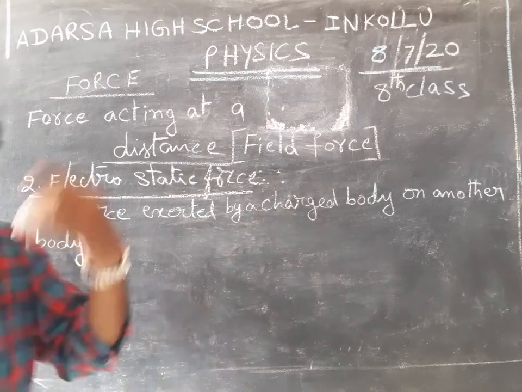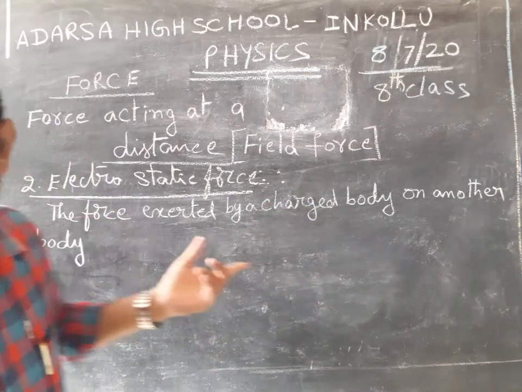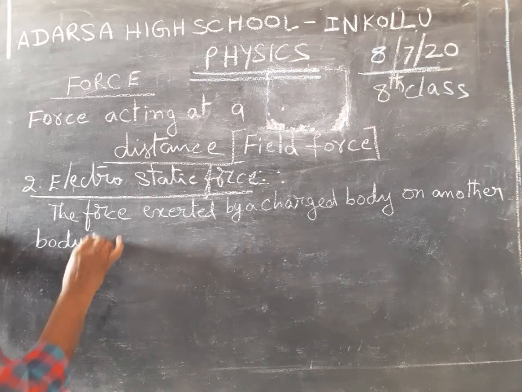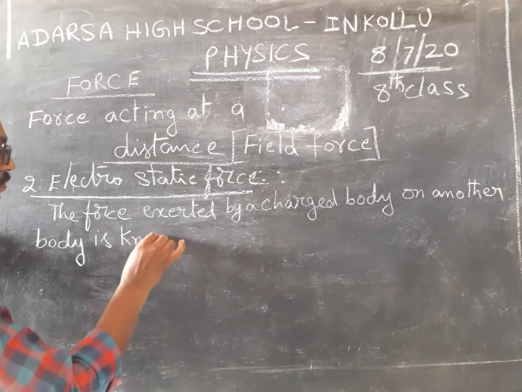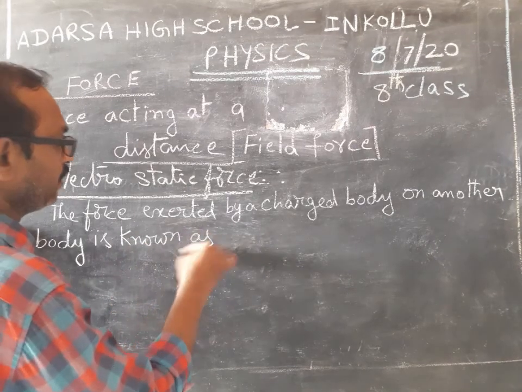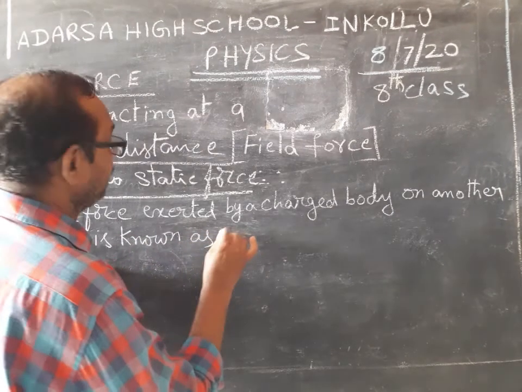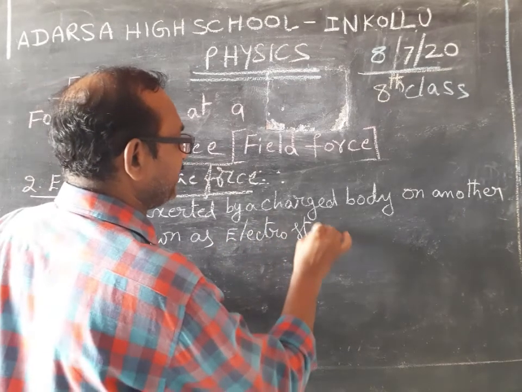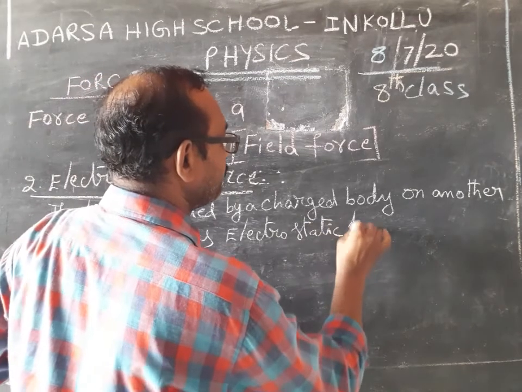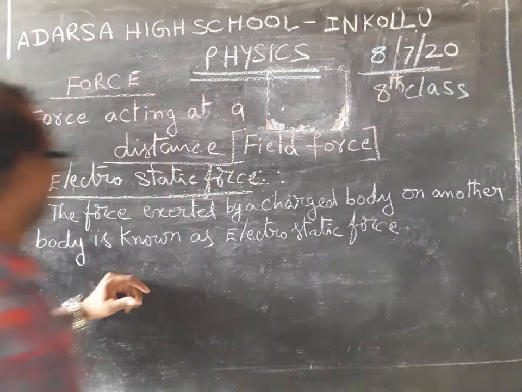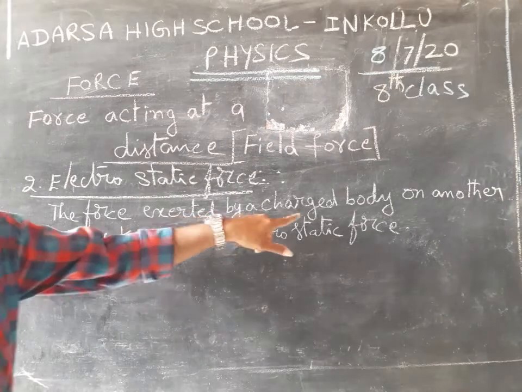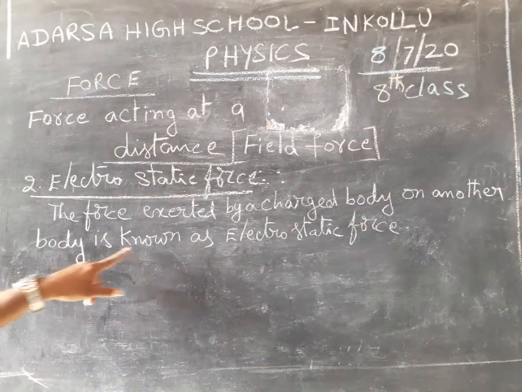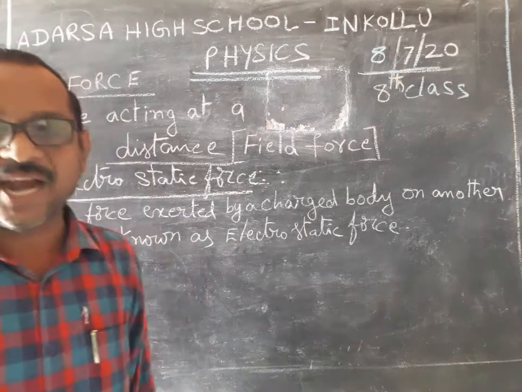Another body means either charged or uncharged. The force exerted by a charged body on another body is known as the electrostatic force.